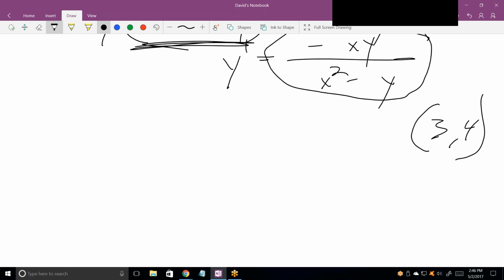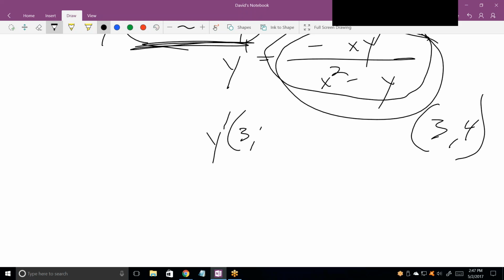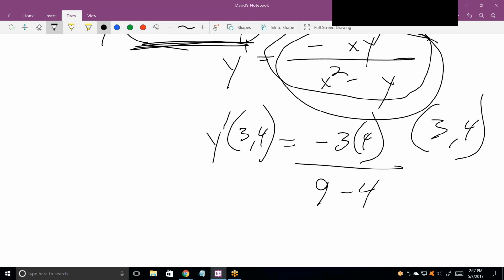Well, that means that for y prime, you plug in the x coordinate and the y coordinate, so I can figure out the slope at that point. Then you plug it into the point-slope form. In other words, the slope at 3 comma 4 is equal to minus 3 times 4 all over 9 minus 4. What's that equal to? Minus 12 fifths.